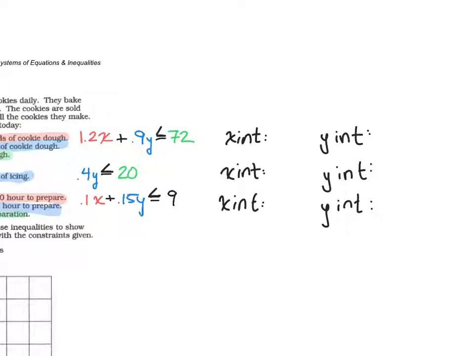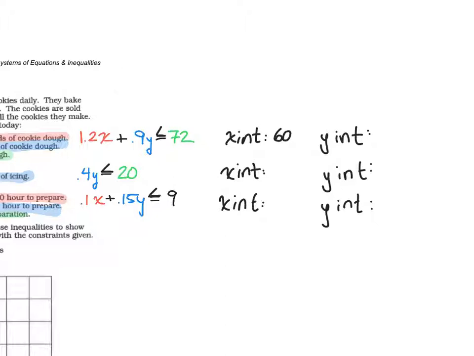Right. So for the X intercept, remember we're covering up the Y part of it and then dividing. So I'll have 1.2x equals 72. So that is 60.